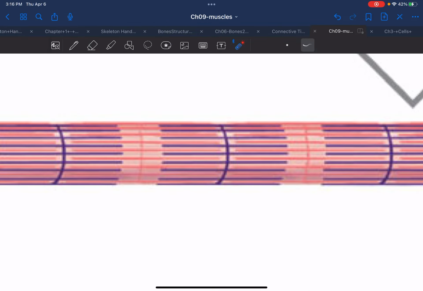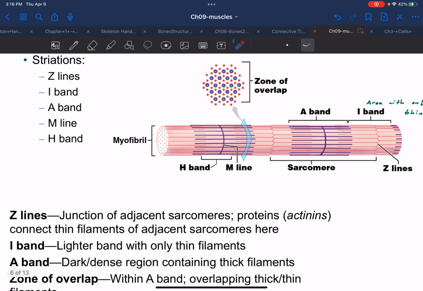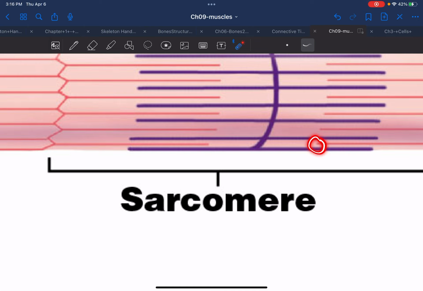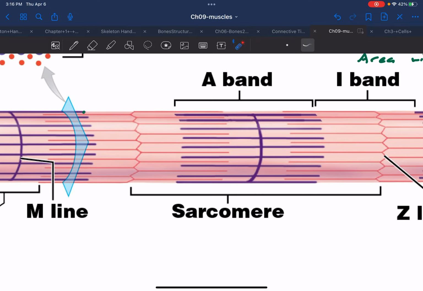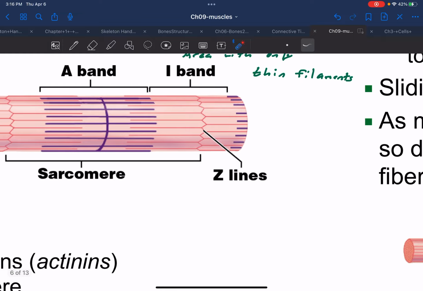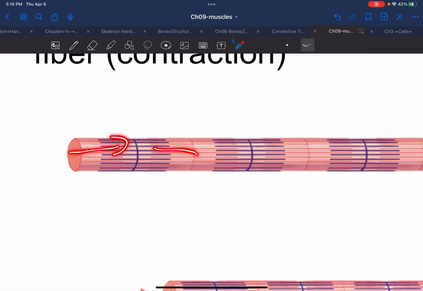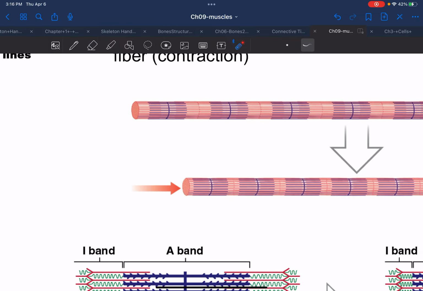And that's the real relevance of our H band. Our H band is denoting the distance between one thin filament versus the other thin filament, and this H band decreases in length as we contract. And all you have when you really think about a sarcomere is this accordion-like structure that they're all decreasing towards this M line, and if they are all decreasing in this manner, then you can expect that our length will decrease overall.